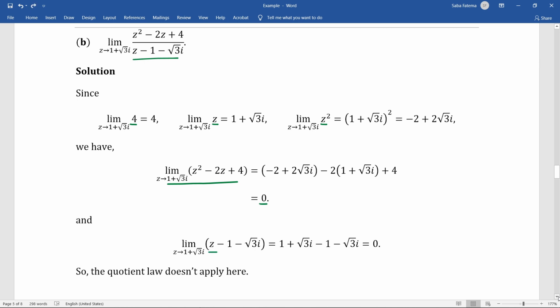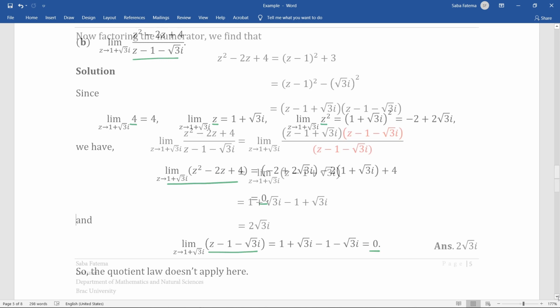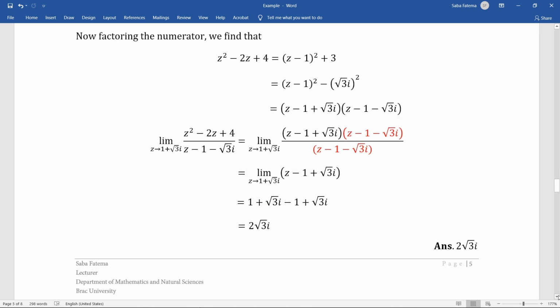But the limiting value of the denominator is also 0. For this reason, we cannot apply the quotient law here. In such cases where, applying the limit, the denominator becomes 0, we will not apply the quotient law for limits directly.